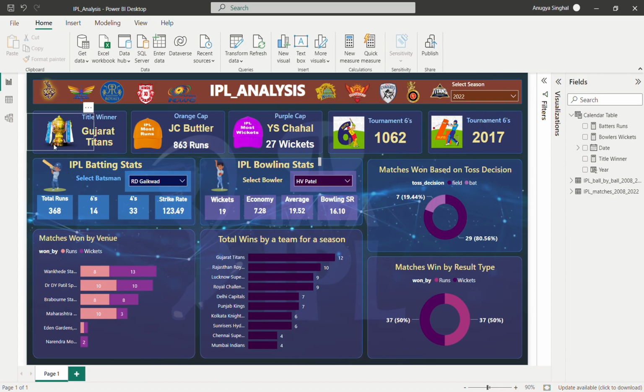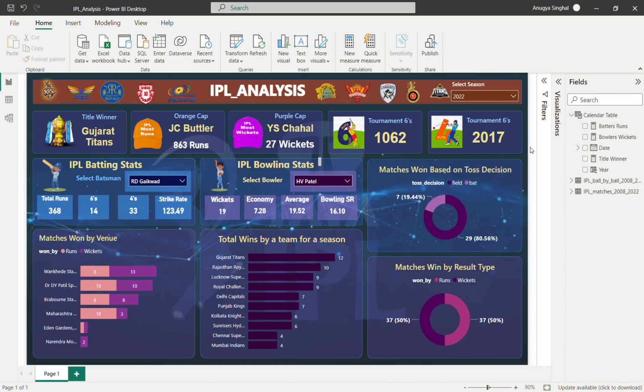Gujarat Titans won the title in the season of 2022, and the Orange Cap title was won by JS Butler, which is mainly focused on the most runs scored by a batsman. And the Purple Cap title was won by US Gel with 27 wickets of the season.